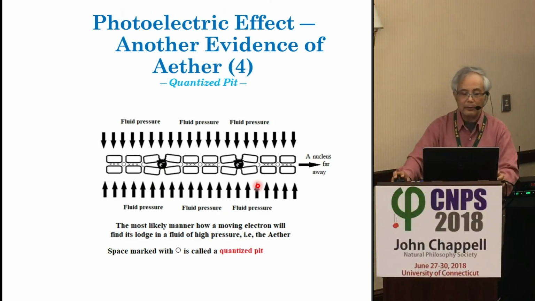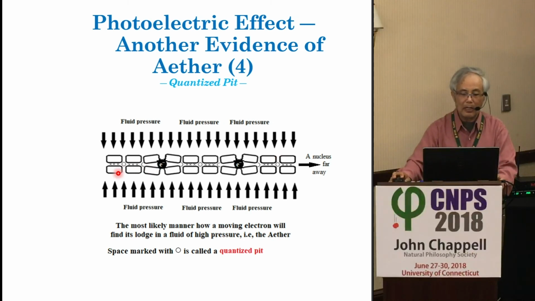Here is one of the tricks. When the electron is moving either toward the nucleus or away from the nucleus, all those Aether particles can only leave a certain place for the electron to stay.